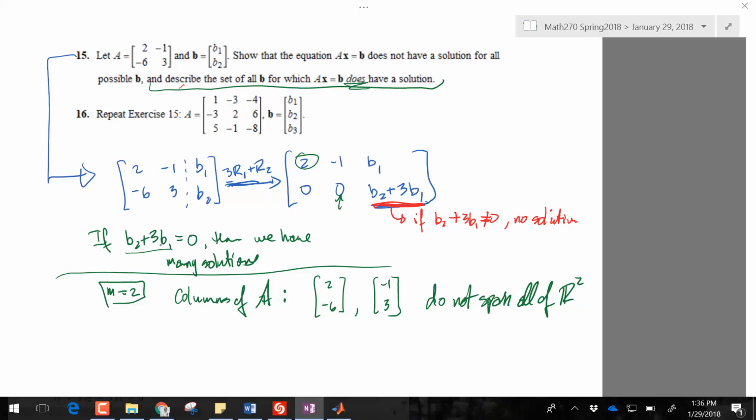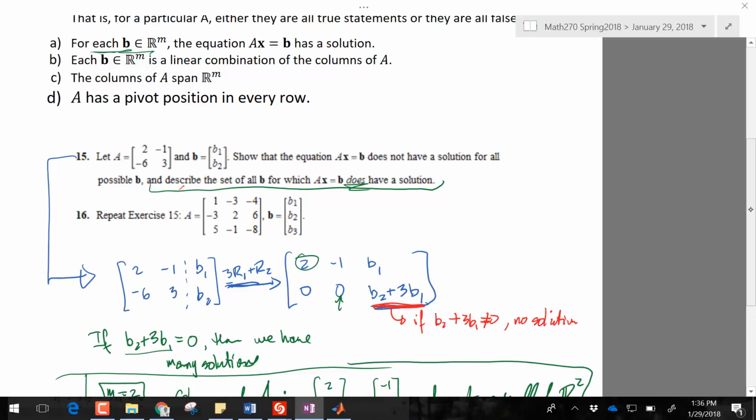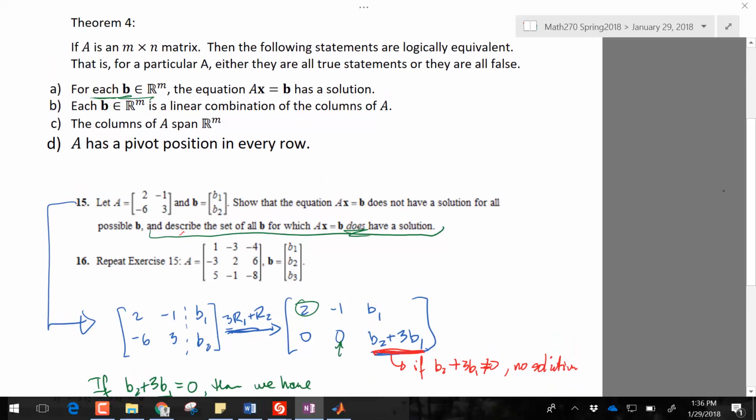So these two look like they're the same vector, scaled. Well, if you can find a number where this wouldn't have a pivot or this wouldn't have a solution, then you can just say, according to this theorem, that it doesn't span all of R2.